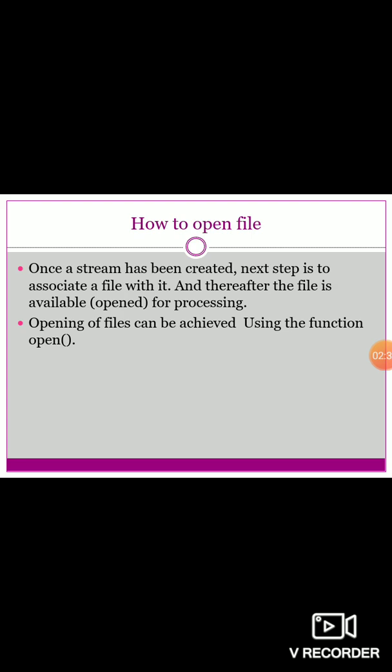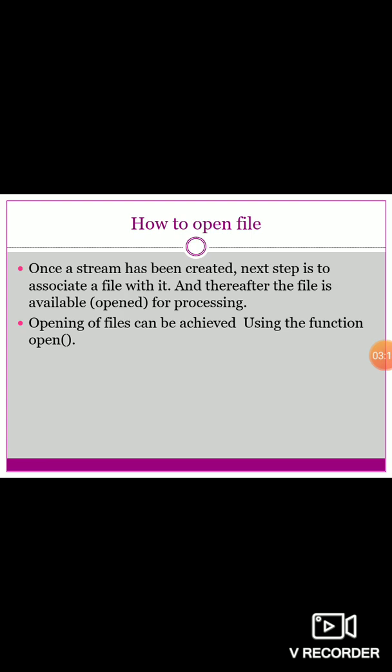An open file is represented within a program by a stream, and any input or output operation performed on this stream object will be applied to the physical file associated to it. That means once a stream has been created, whether an ifstream, ofstream or fstream, the next step is to associate that file stream with the given object.